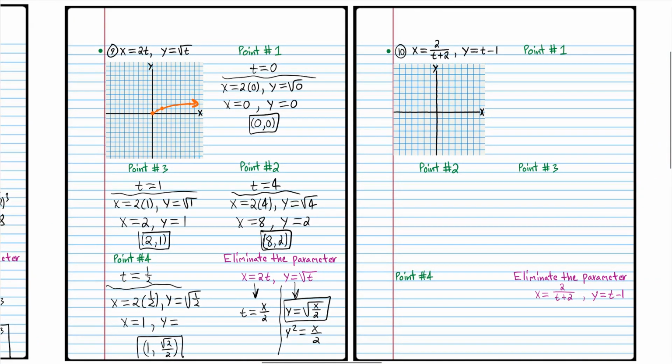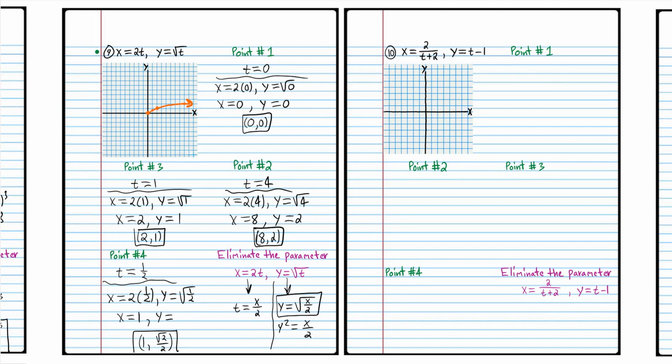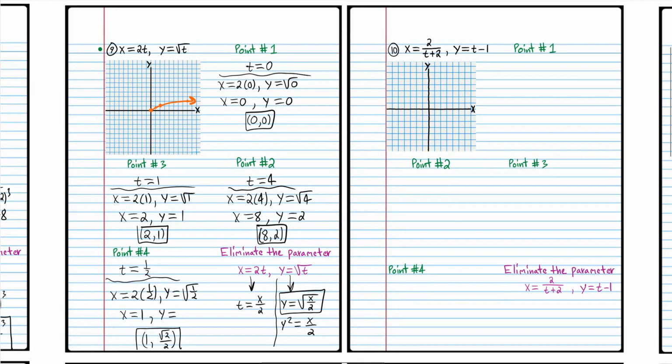Again, that's one of the benefits of parametric equations. It gives us limitations on the x and y values. And this can be used in the real world. So now we can't have 0 in the denominator here. So t cannot be -2.